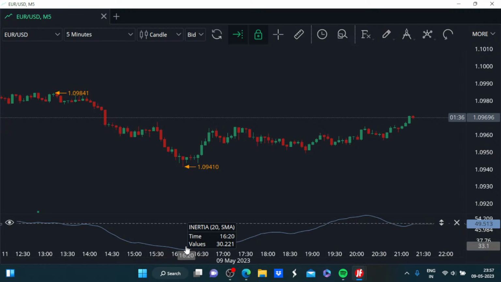Not all the trade signals generated by the indicator are going to be profitable, and more so in a sideways scenario where the price action is range bound, nothing much is happening in the market. In those kinds of scenarios, multiple false signals are likely to be generated. So we have to be careful and plan our trading decisions accordingly.